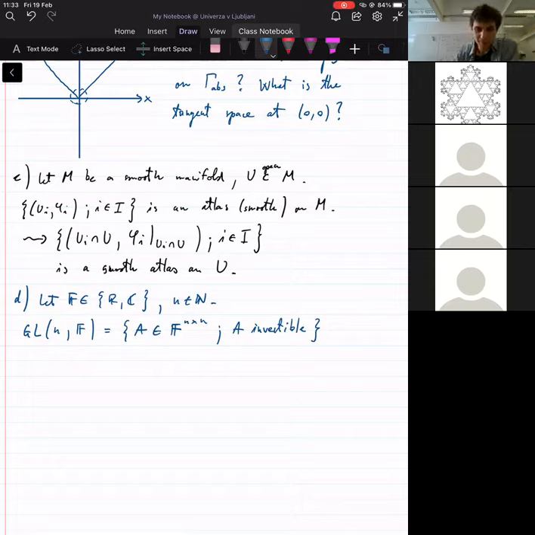Anyone? What's the question? So how do we naturally endow this set with a smooth structure? Meaning charts. Yeah, more or less.